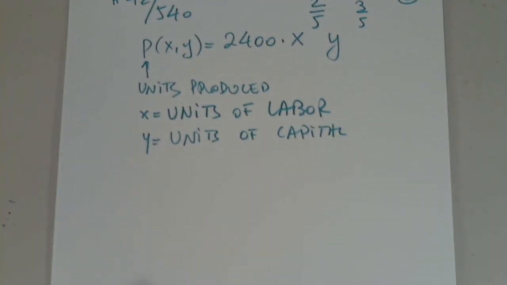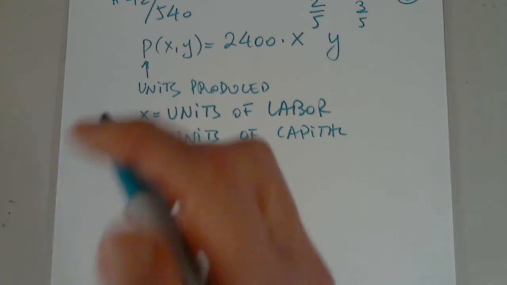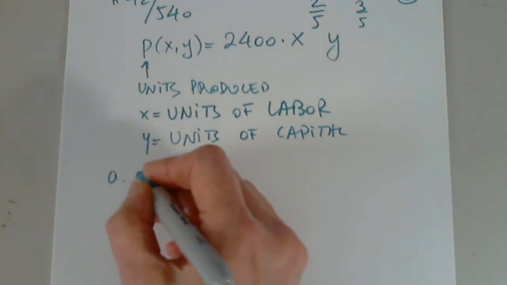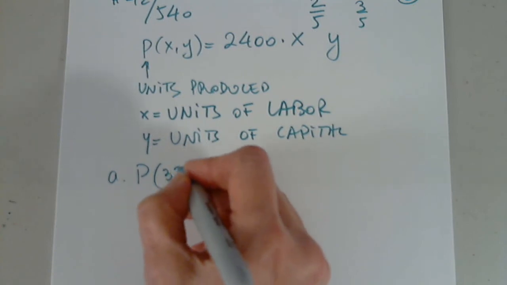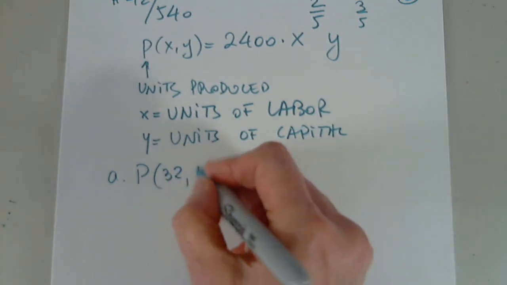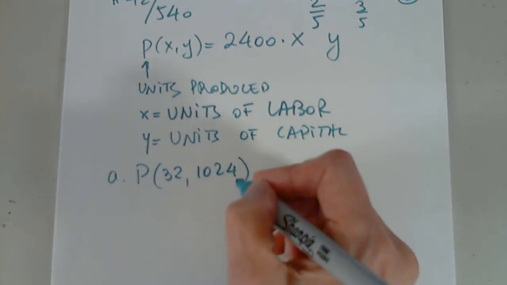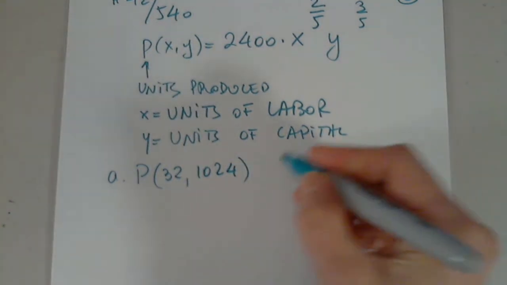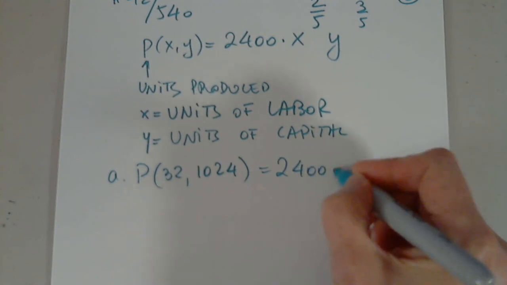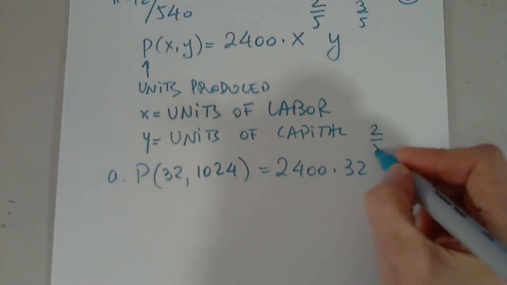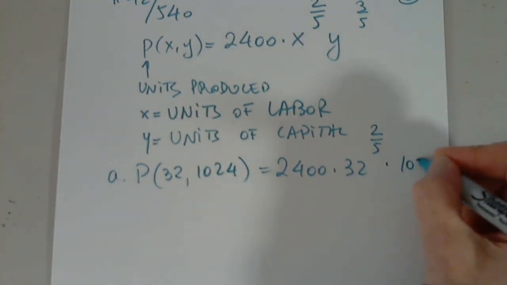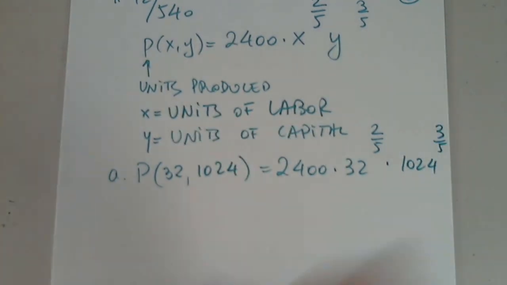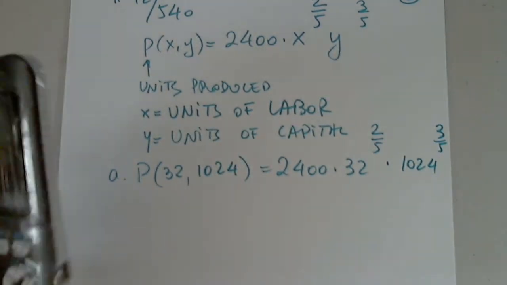Okay, so find the number of units produced with part A. So P of 32 units of labor and 1,024 units of capital. It's very clear. All I have to do is evaluate. Let's plug it in.